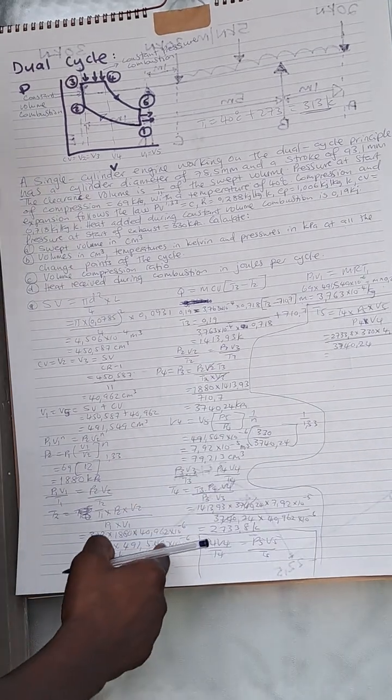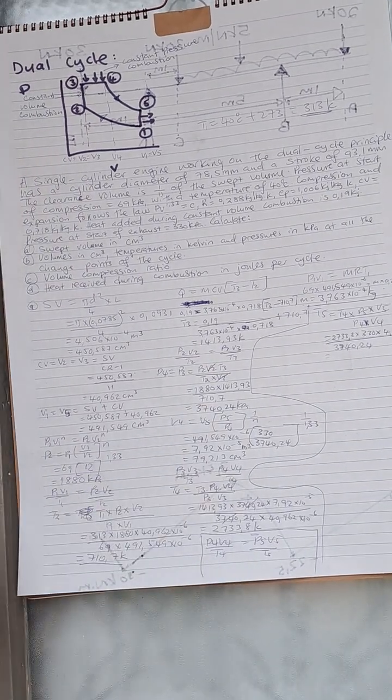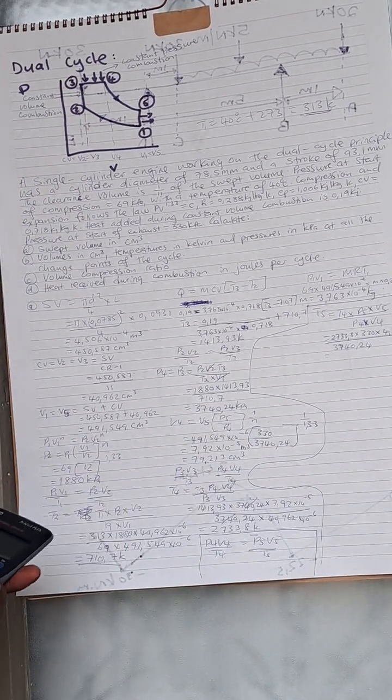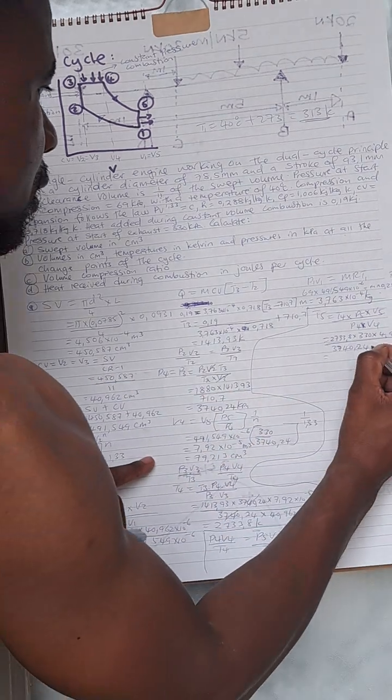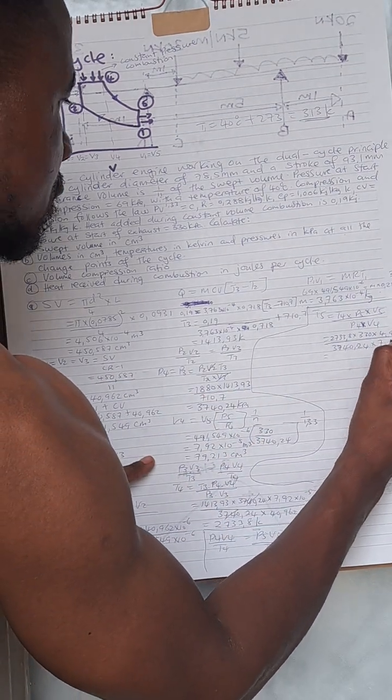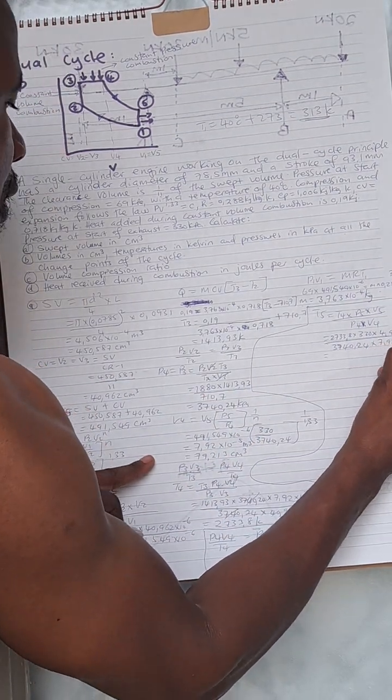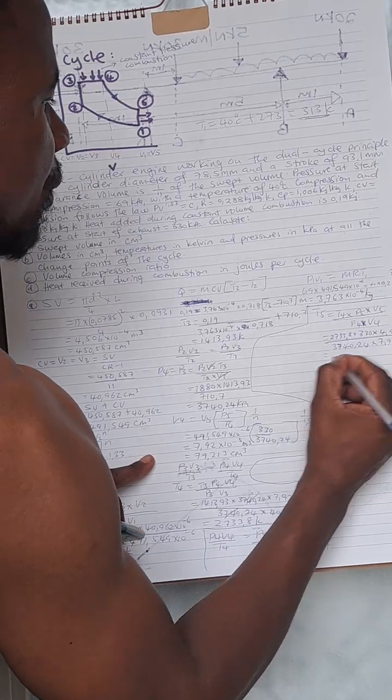And then our V4, we said it's 7.92 times 10 raised to the power of negative 5.